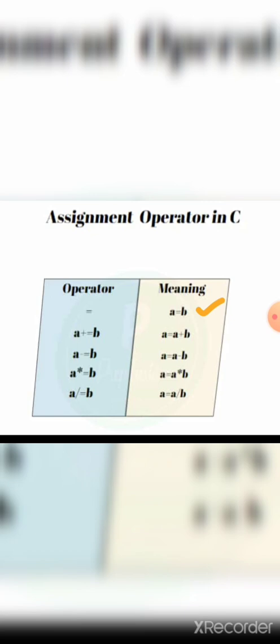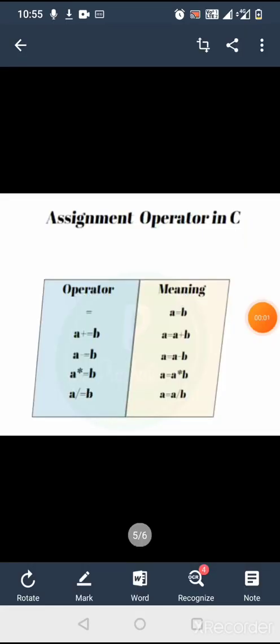And A plus equal to B means A equals A plus B, and A minus equal to B means A equals A minus B, and A multiply equal to B means A equals A multiplied by B, and lastly A divided equal to B means A equals A divided by B. These are the assignment operators.